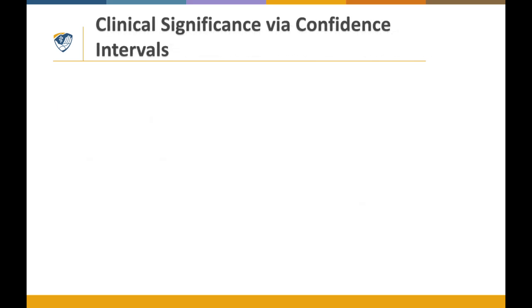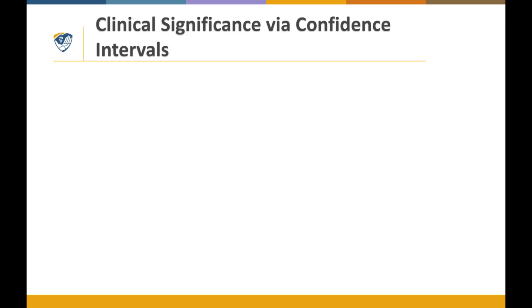Now, we can also use confidence intervals to determine clinical significance. As you remember, the confidence interval, typically the 95% confidence interval, is the range of scores in which the true population value likely falls. So if the amount of change we're going to see is, let's say, 5%, and the confidence intervals are 3% and 7%, then the true population response to a treatment will be somewhere between 3% and 7%.